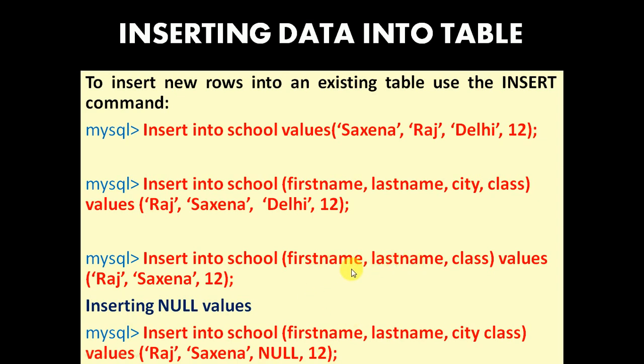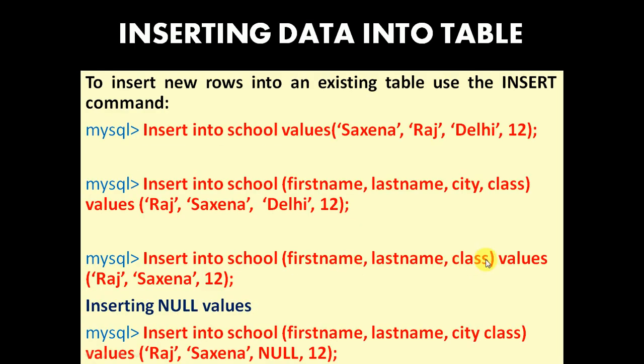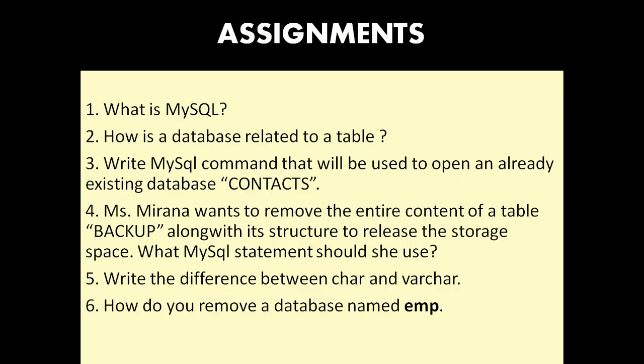Say in this query I have given first name, last name and class and I have not provided a value for city. So city will be set to null if we have not given any default value and if we have not specified not null while creating the table. The last option is, if I want to provide null values, I can use the null keyword also. So these are some different ways through which you can insert values in the table.